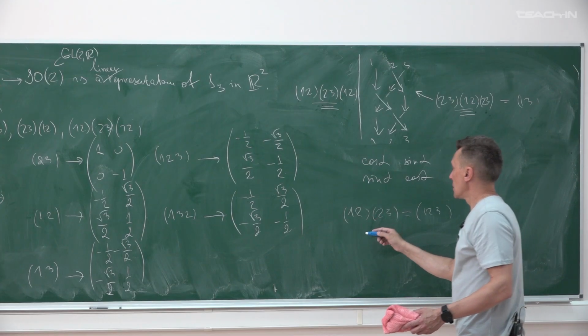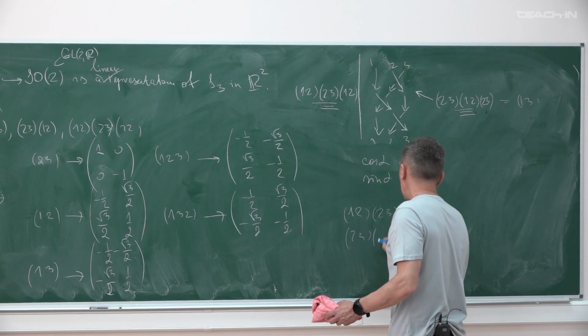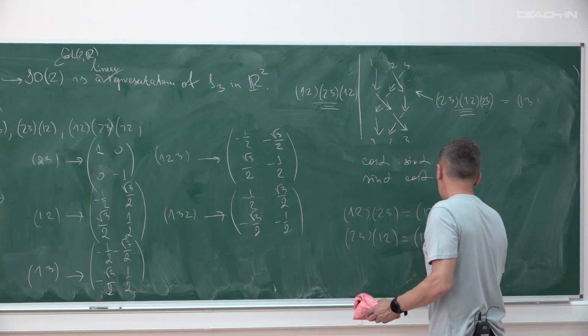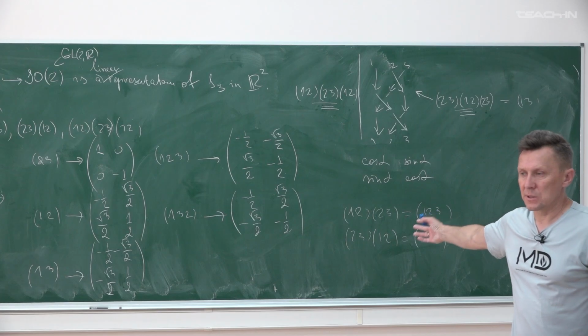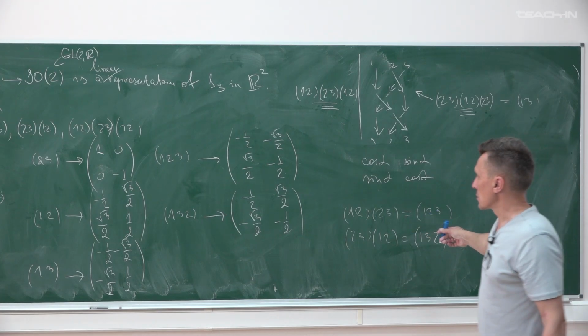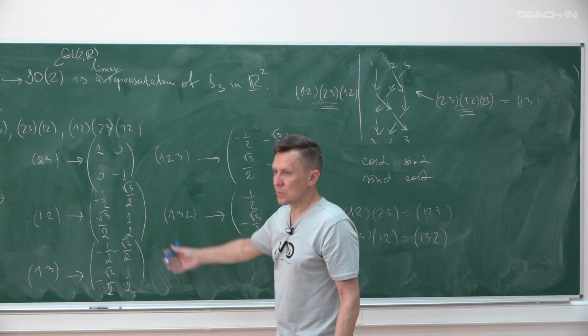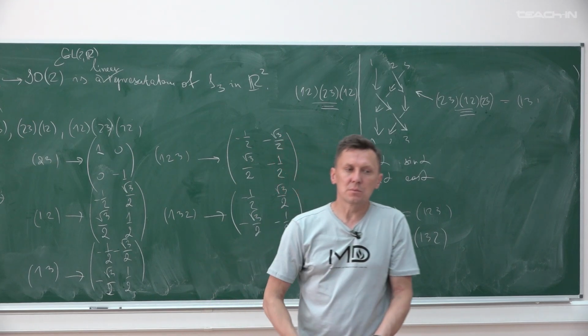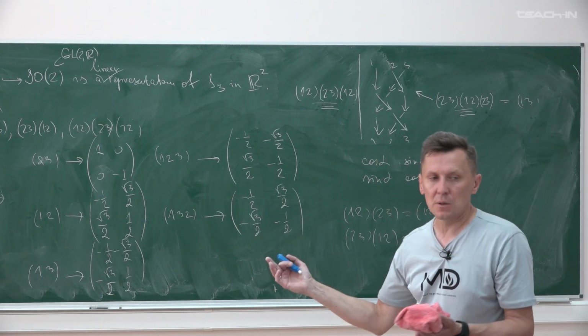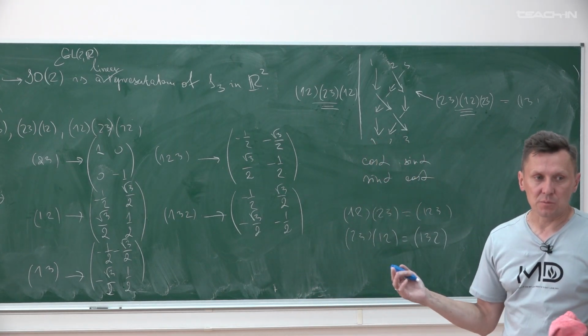Okay, and 2, 3, 1, 2 is equal to 1, 3, 2. It's an equation in the symmetric group. So we have to verify the same relation in the matrices. And this will verify that our map is a homomorphism.